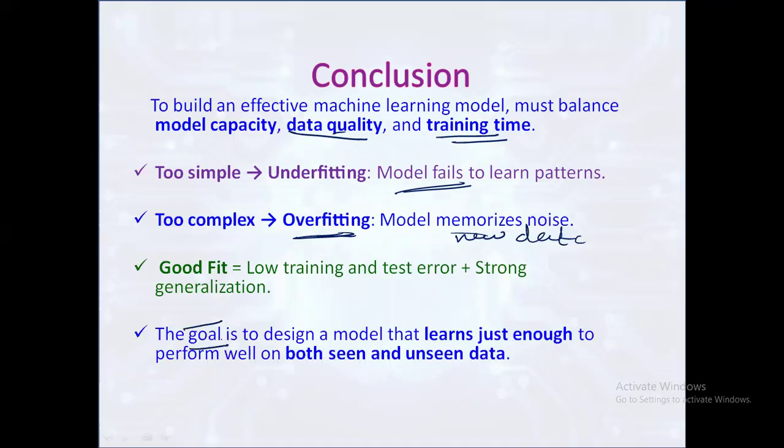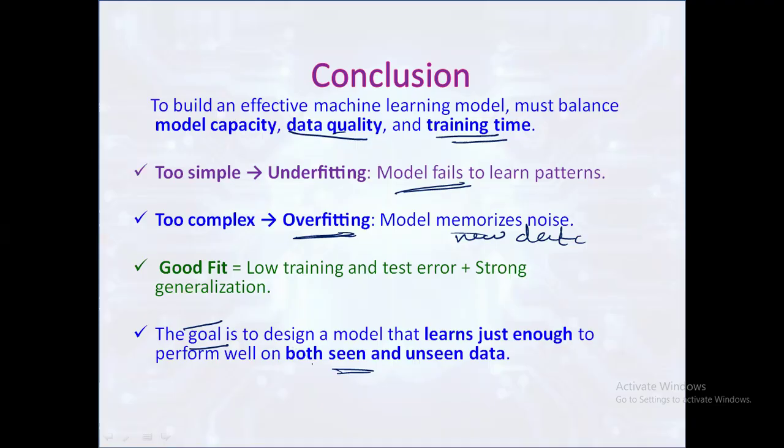So ultimately, smart learning comes from choosing the right model capacity, using clean and sufficient data, and training the model just enough to avoid both extremes. What are the two extremes we have seen? We have to avoid overfitting and also underfitting.